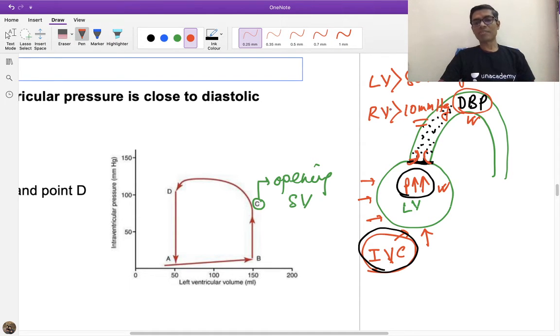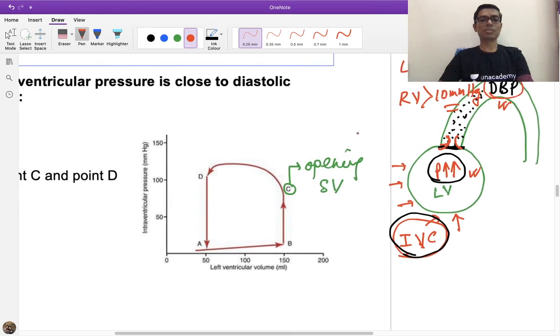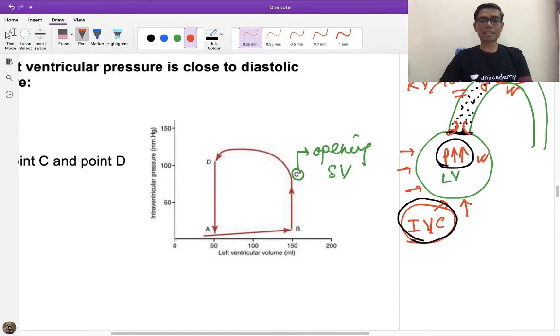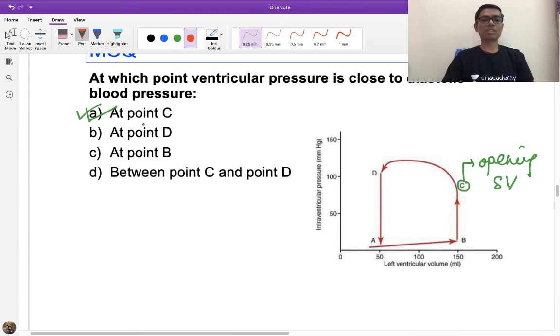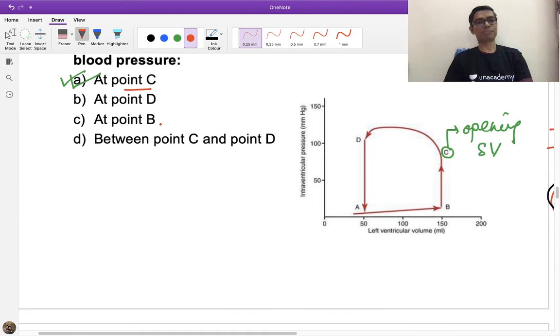Because the pulmonary artery pressure is 10 during diastole and 25 during systole, the right ventricular pressure requires only 10 millimeter of mercury to open the semilunar valves. So our answer here is point number C, where the aortic valves just open up. This is the question, right?